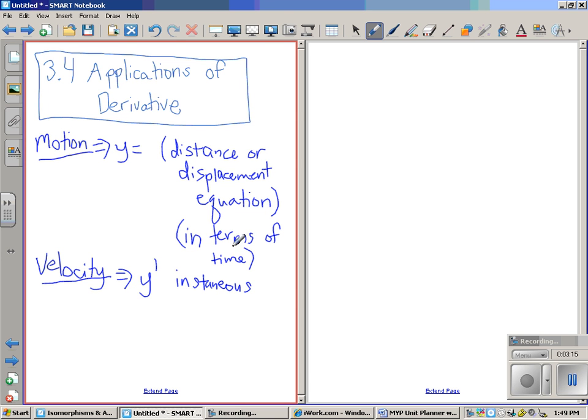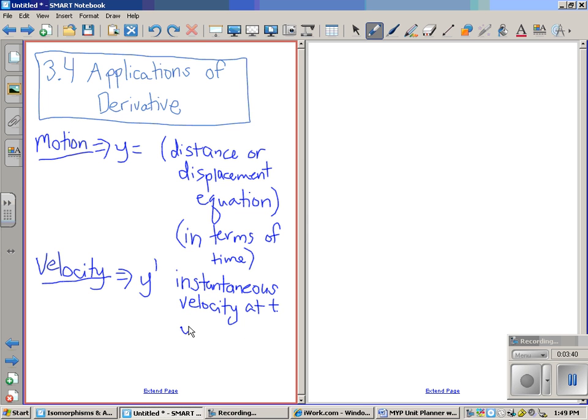No, I'm forgetting the t. Let's back it up. Wow, that was a big backup. Instantaneous speed, or the instantaneous velocity at a point t.